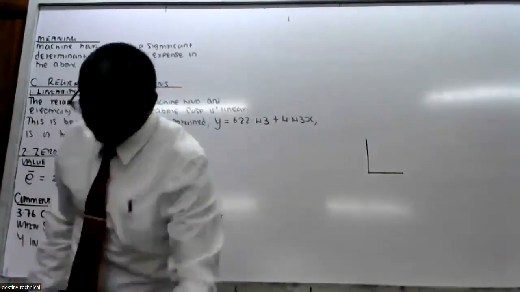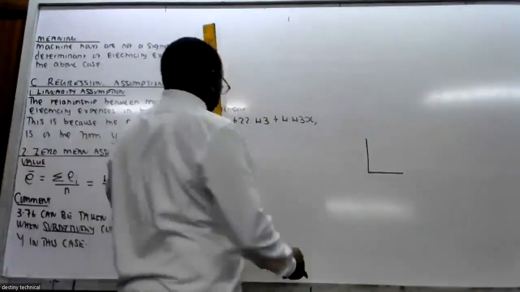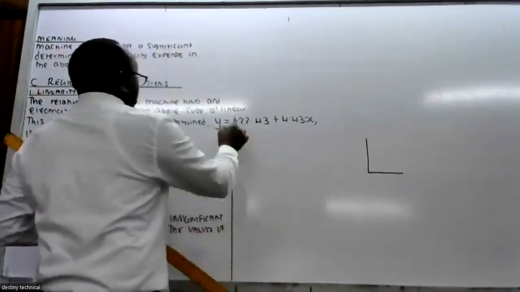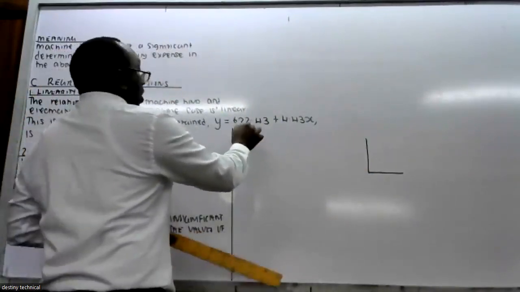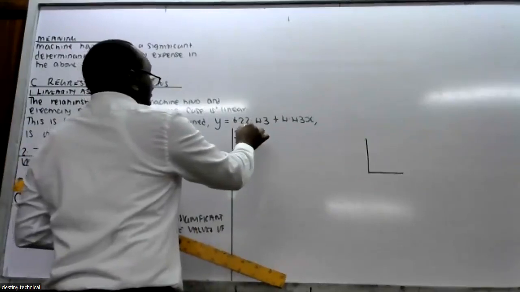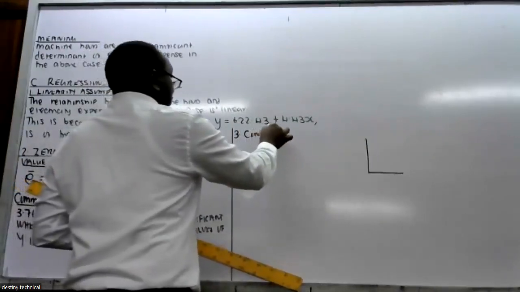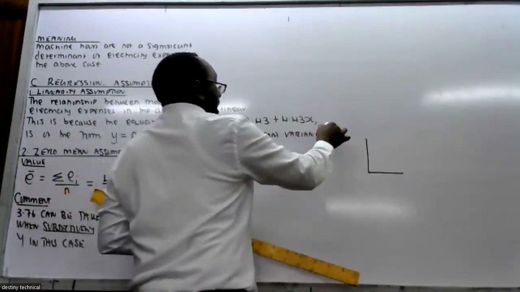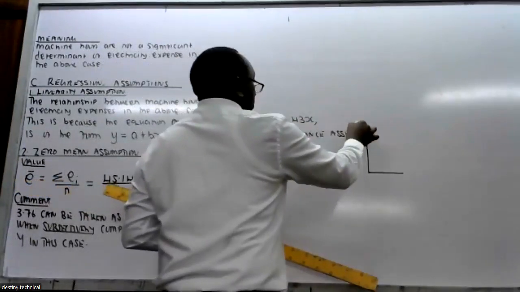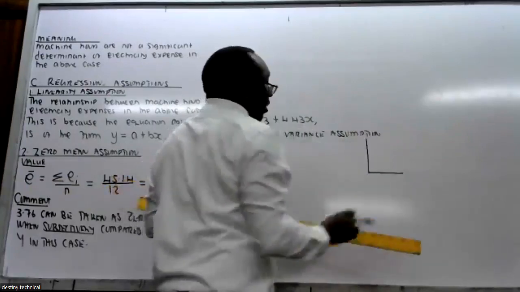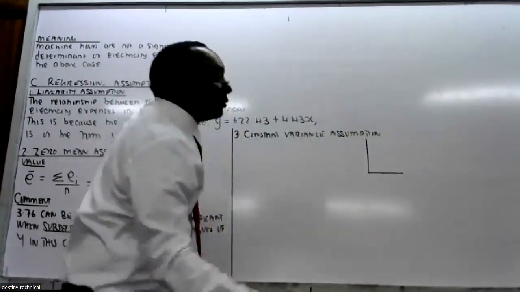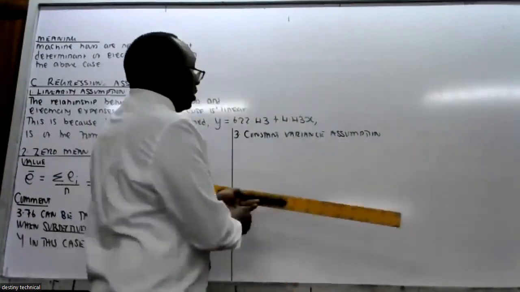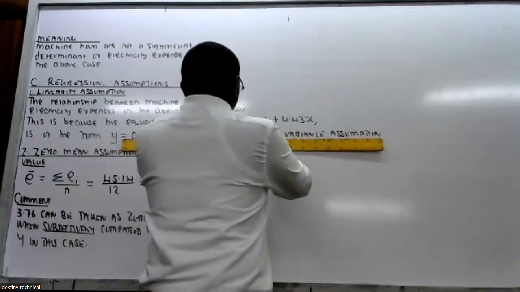Let us go to the next one. The next assumption, number 3, we call it constant variance assumption.